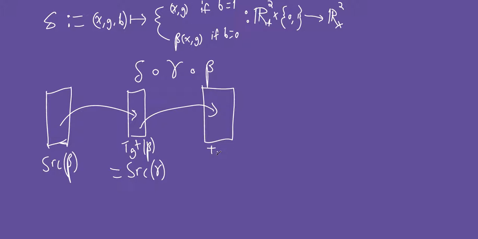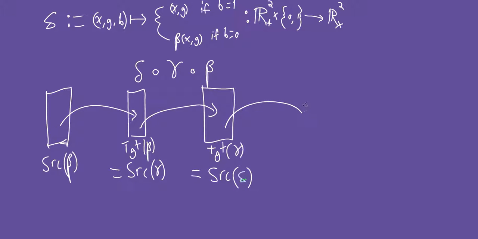And this is the target of alpha, but what I'm claiming is that this is a valid composition. In order for me to claim that, I should point out that the target of gamma is equal to the source of delta. They are the same set.